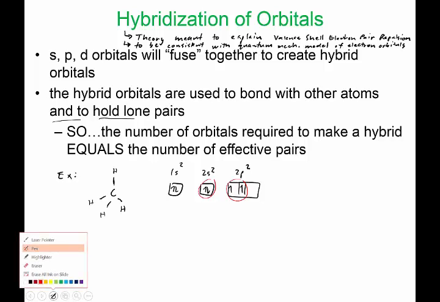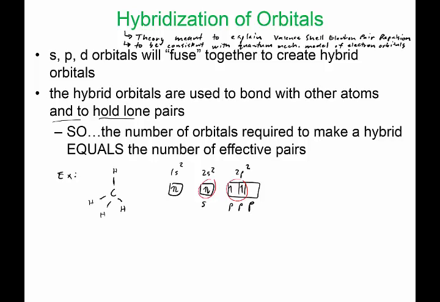There are four total orbitals that carbon can use: an s, a p in the y-axis, a p in the x-axis, and a p in the z-axis. In order to hold all four effective pairs, it uses a combination. It fuses together an s and a p, another p, and another p.